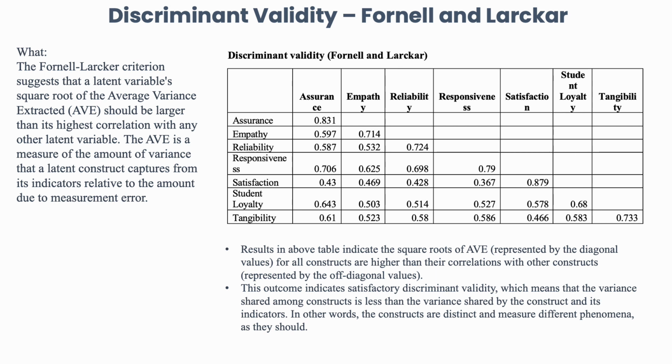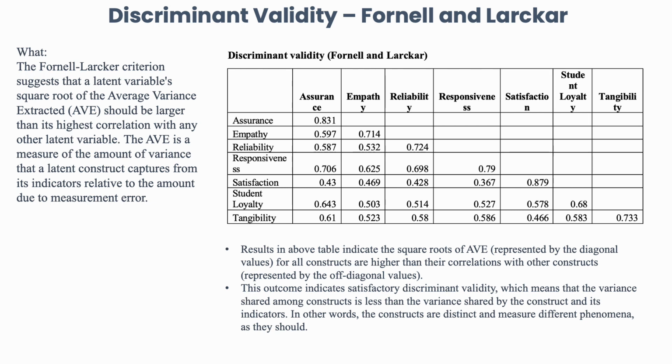The finding shows that the square root of AVE, the diagonal value for all constructs, is higher than the correlation with other constructs. This indicates satisfactory discriminant validity, as each construct has a greater amount of variance explained by its own indicators than the shared variance with other constructs.